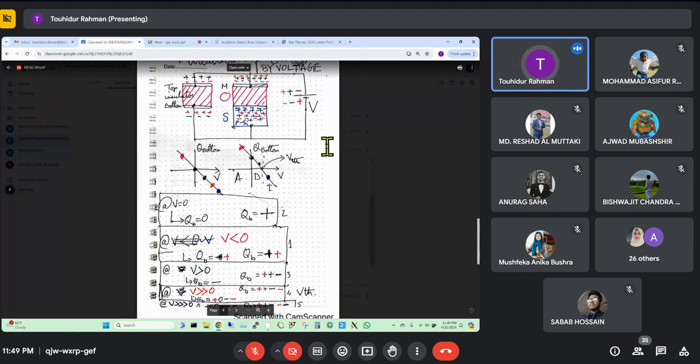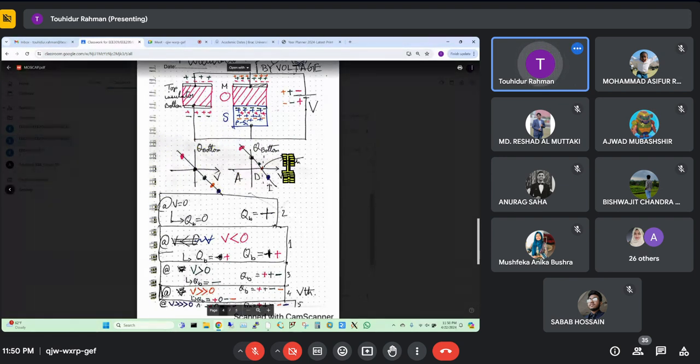If the applied voltage is negative, that means this terminal will have negative charge, this terminal will have positive charge. For the parallel plate capacitor, when we apply negative voltage, the top plate will get negative charge and the bottom plate will get positive charge. Okay? Bottom plate will get positive.